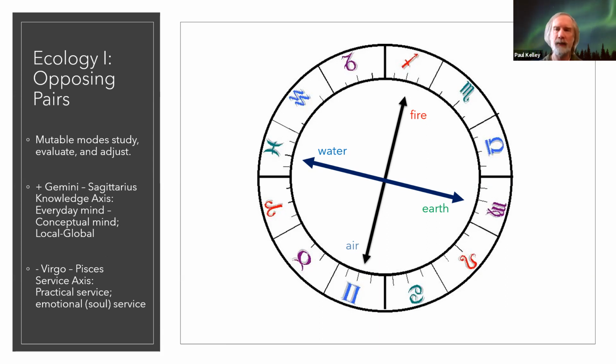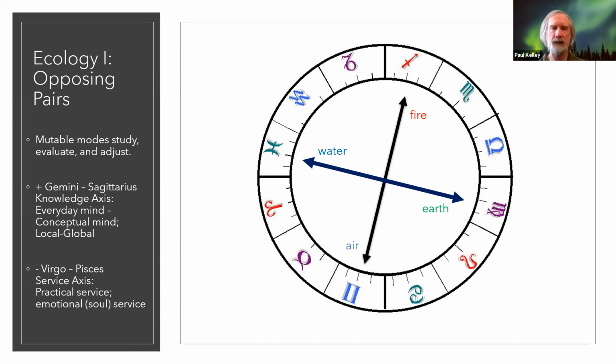So Gemini is going to learn on a local level. It's going to learn kind of everyday things, how to add, subtract, multiply, and divide, how to read the newspapers, process information, speak, communicate, get things done in the everyday world. And Sagittarius is going to learn about concepts, about religions, cultures, philosophies.